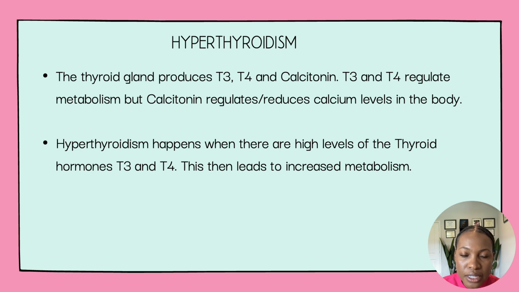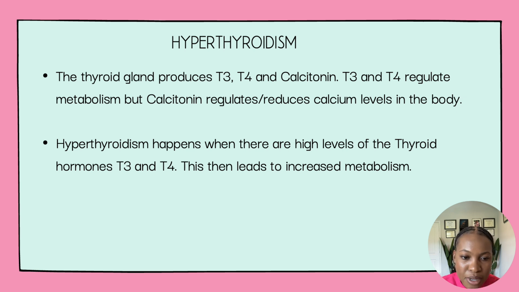Today we are delving into hyperthyroidism. Now, as we talked about before, the thyroid gland produces T3, T4, and calcitonin. And remember when we said T3 and T4 help to regulate the metabolism, but calcitonin helps to regulate or reduce calcium levels in the body when necessary.